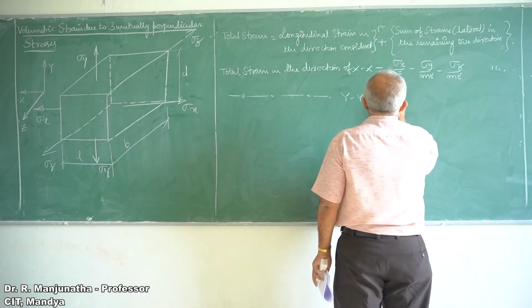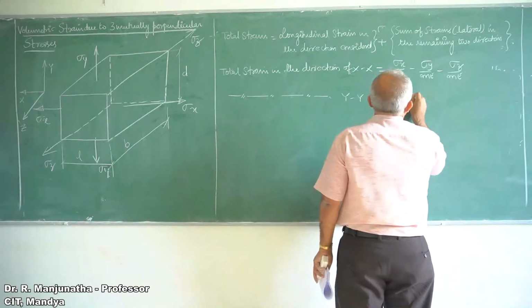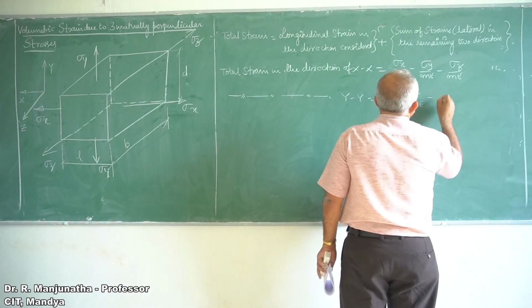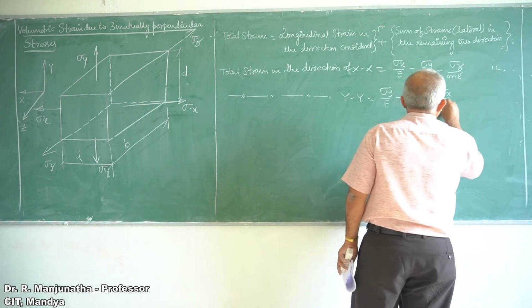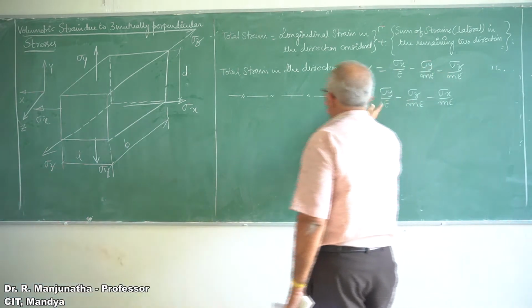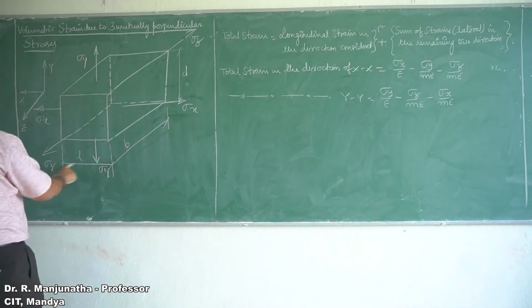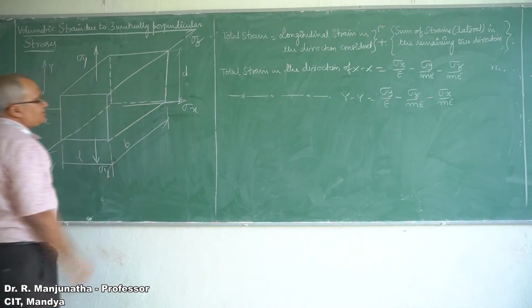So that will be equal to, now the Y direction is D, so sigma Y by E minus sigma Z by m into E minus sigma X by m into E. This is with respect to the general case, and this is with respect to the problem wherein you have length, depth.